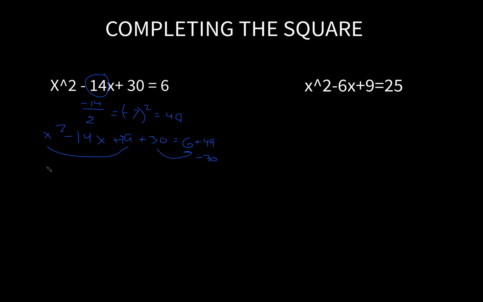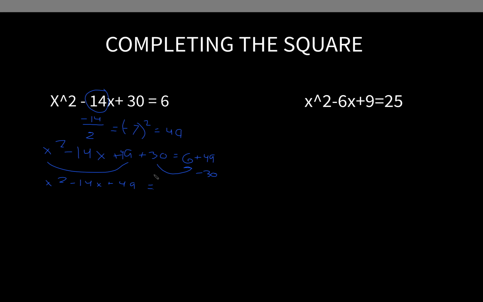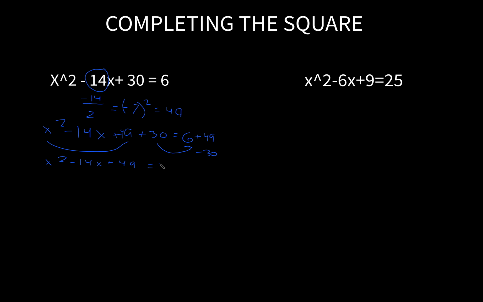Now let's combine our like terms on the right side. x squared minus 14x plus 49 equals, let's see, 49 minus 30 would be 19, plus 6, that would be 25.